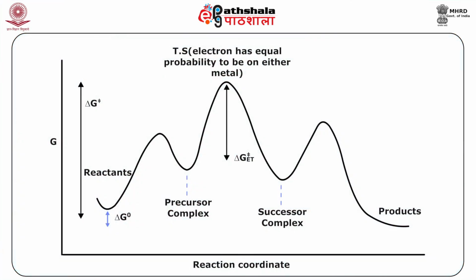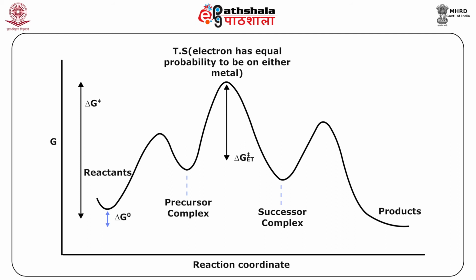Therefore, the thermodynamic energy profile diagram for an outer sphere kind of reaction is like that: reactants, which are minimum in energy, then it goes to a higher energy, and then it forms a precursor complex, so it comes down. The energy is minimized. Then again there is a transition state formation where the electron transfer process takes place.